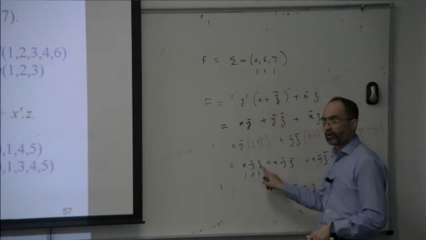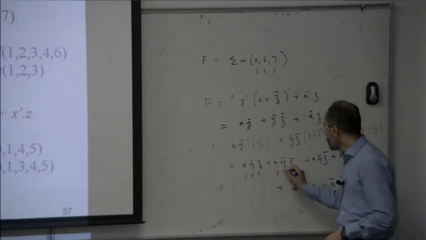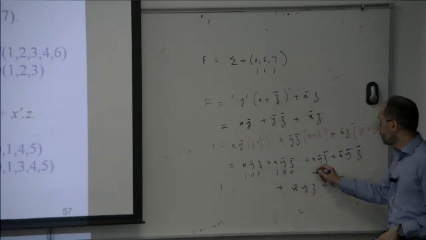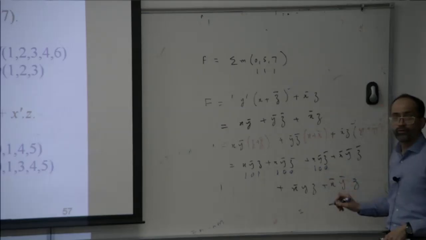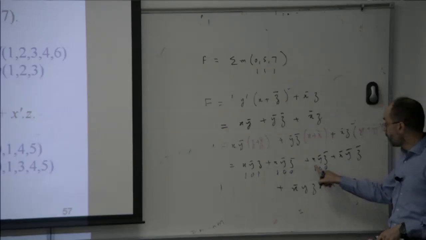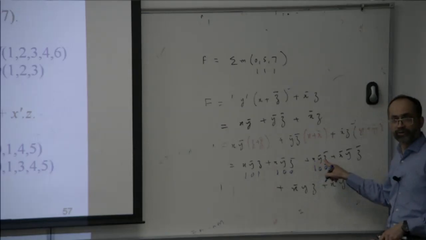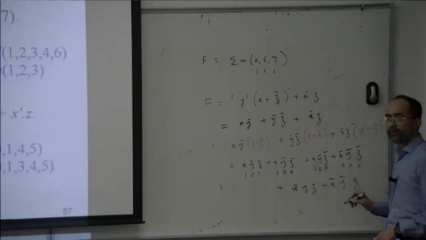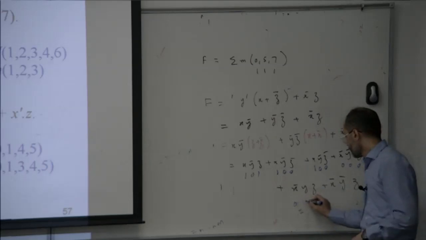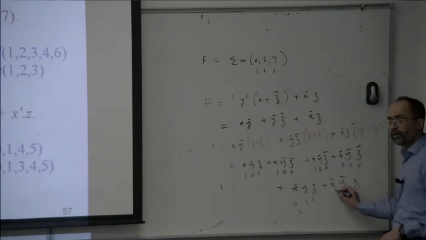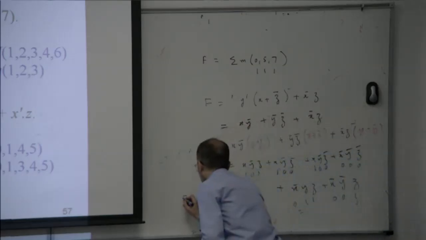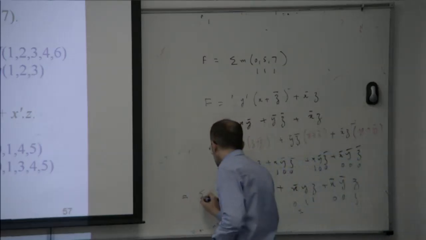Why 101? Got it? 100. Why? x is 1, y is 0 and z is 0. What about 000? Then 011. Then 001. So now this is equal to f sigma of m.